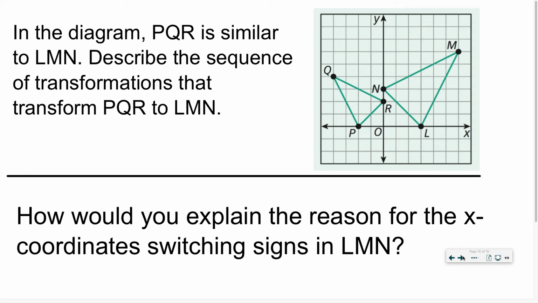So how would you explain this flip-flop of the x-coordinate going from a -4 to a +6, a -2 to a +3? Why are they changing signs? What is the key there with the change of the sign for the x-coordinate? What made that x-coordinate change?